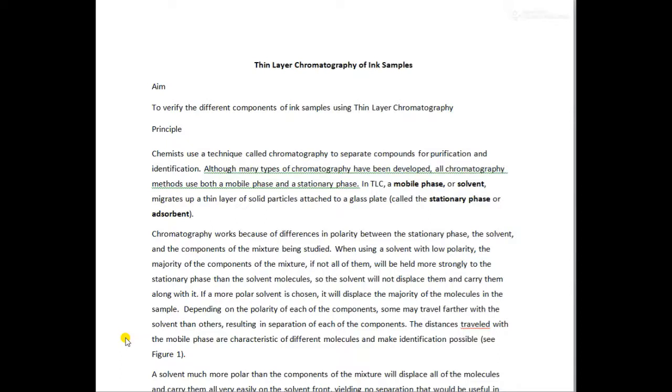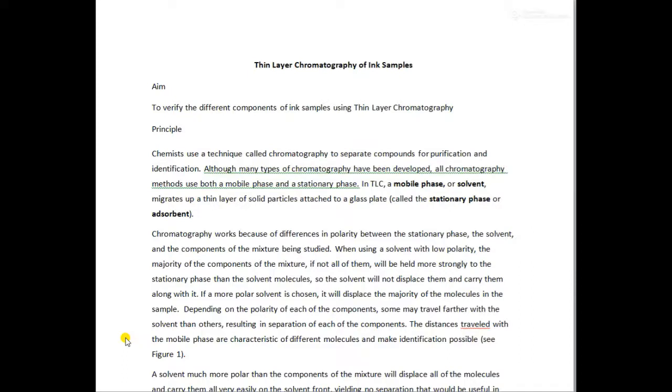Based upon the similarity of the ink samples, they might look similar, but you need to provide a genuine report saying whether the two documents are genuine, or if the ink samples are similar. So in such cases, you need to analyze the ink samples, and the technique we use here is thin layer chromatography.